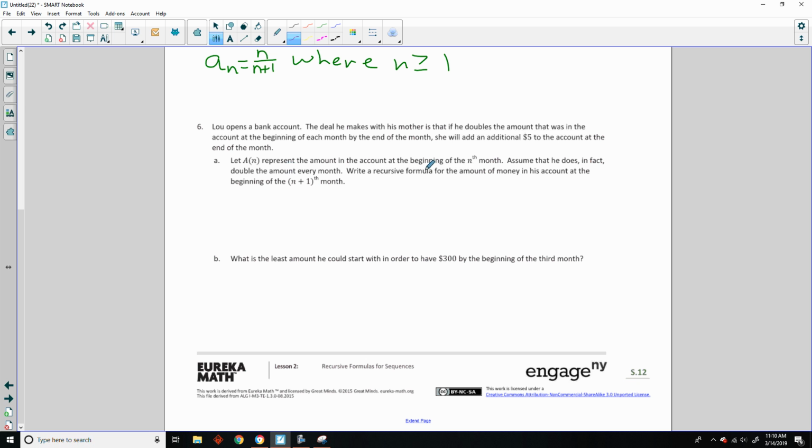Write a recursive formula for the amount of money in his account at the beginning of the n plus 1 month. So, let a sub n represent the amount in the account at the beginning of the nth month.